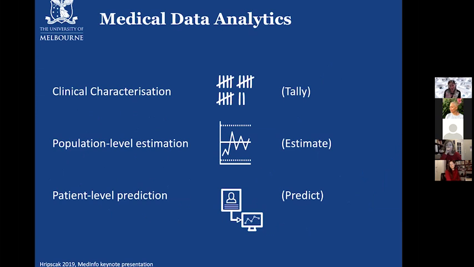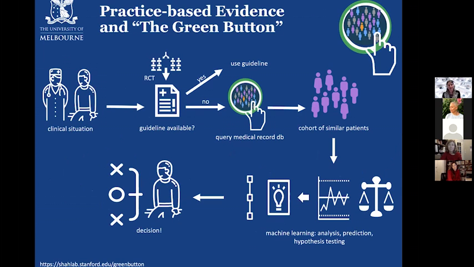But to do that, we need to transform our electronic health record information into a more structured form. We can think about a concept referred to as the green button. We have this clinical situation, and of course we want to look at the literature to see whether there's a randomized controlled trial, a systematic review, or a guideline of some sort which can support our decision making.